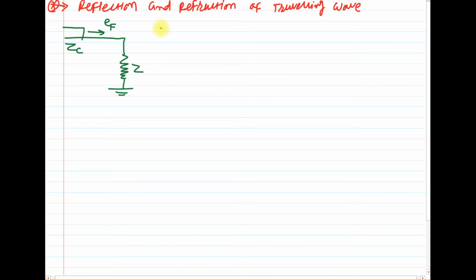So let us denote all the voltages and current waves on the transmission line.